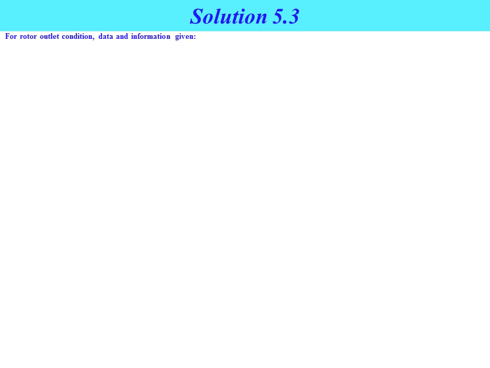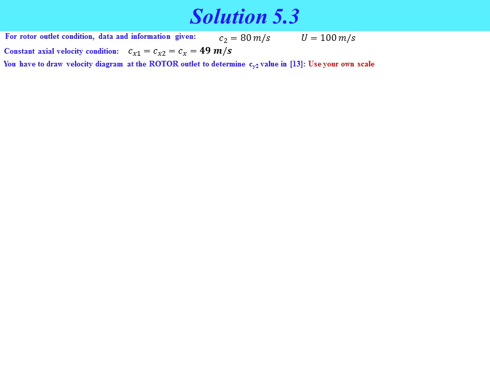For the rotor outlet condition, the data and information given are C2 equals 80 meters per second and U equals 100 meters per second. For the constant axial velocity condition, we already obtained from the previous slide that Cx1 equals Cx2 equals Cx equals 49 meters per second, based on the geometry or graphical approach. So you have to draw this diagram at the rotor outlet to determine the Cy2 value in equation 13.